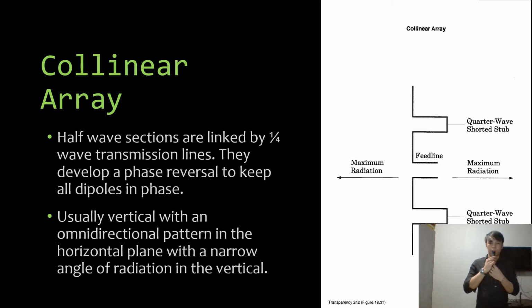They develop a phase reversal to keep all dipoles in phase. It is also usually vertical and with an omnidirectional pattern in the horizontal plane with a narrow angle of radiation in the vertical.